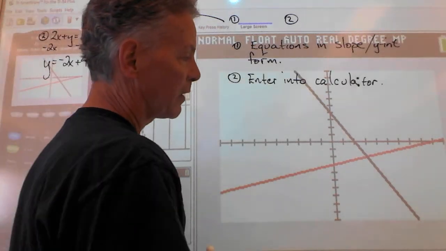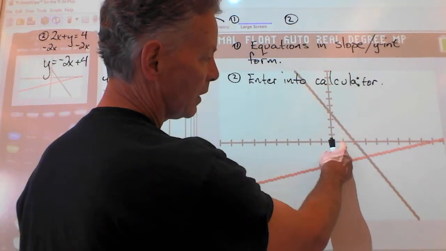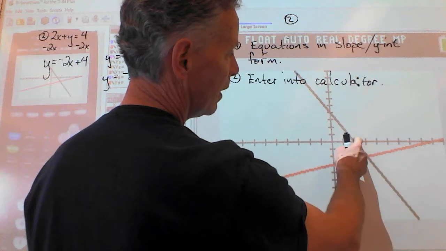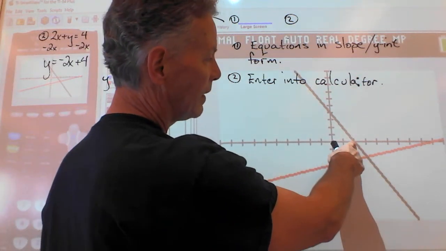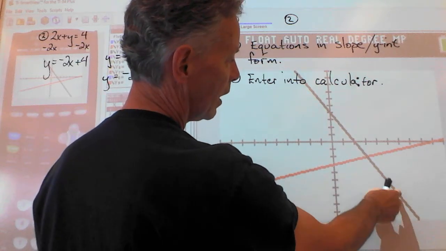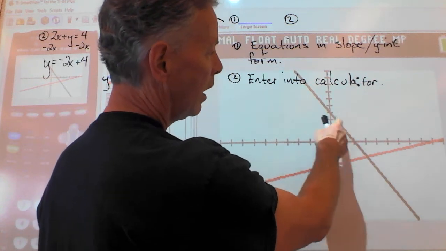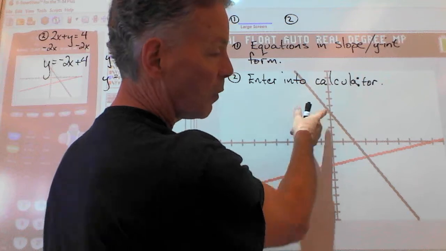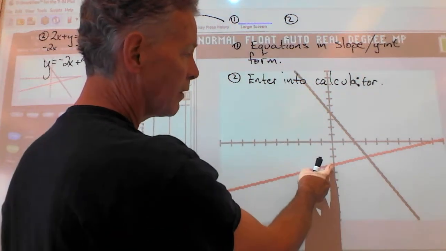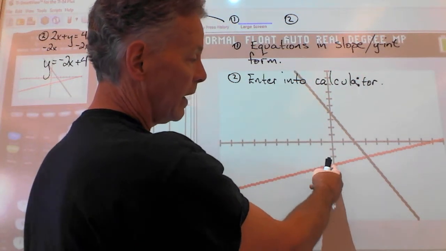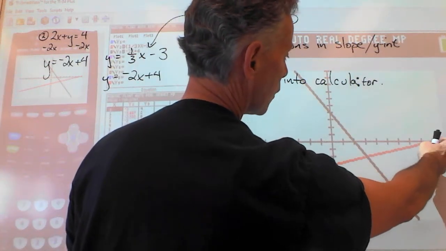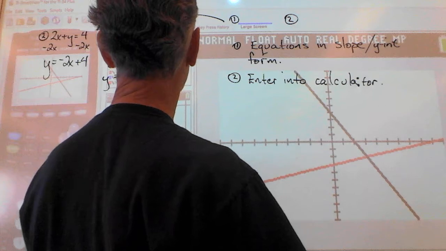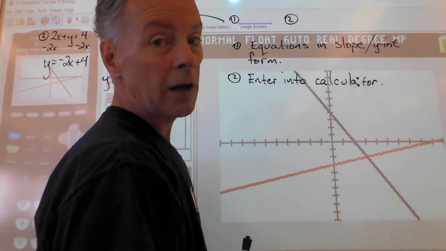And just as a bit of explanation, each of these little hash marks, these little ticks, equals 1. So that means we can see that the x-intercept of one of our lines is at 2, and the y-intercept is at 4. Down here for our other line, the x-intercept is at negative 3, and the y-intercept looks to be at about 9.